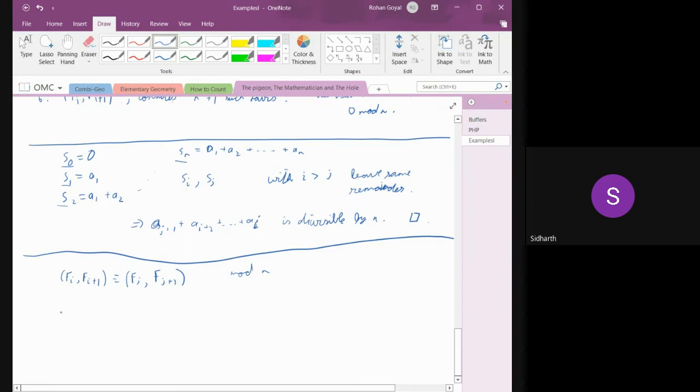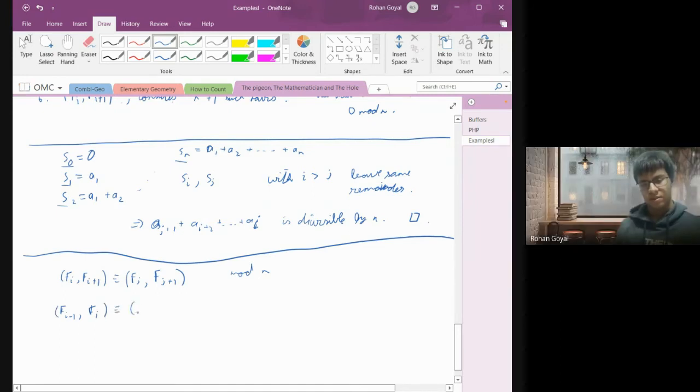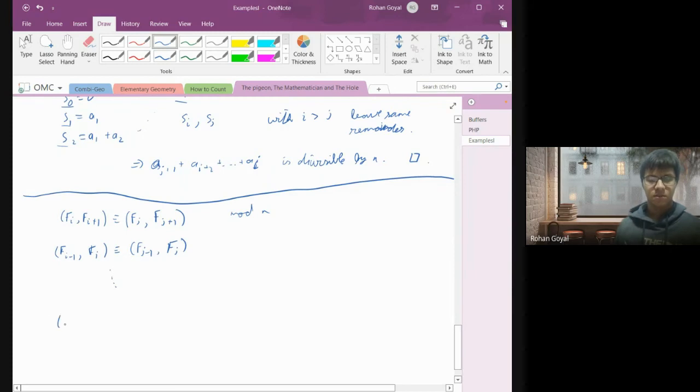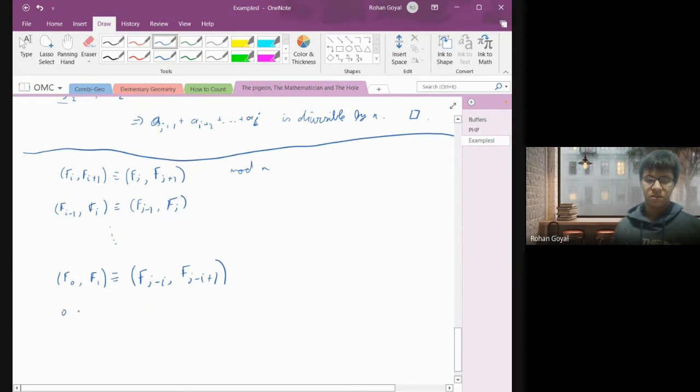So Fi minus 1 is congruent to Fj minus 1, and keep going until you get to F0 comma F1 congruent to Fj minus i, Fj minus i plus 1, and then you can go one step further back and you'll get 0 is congruent to Fj minus i plus 1 minus 1 mod n.